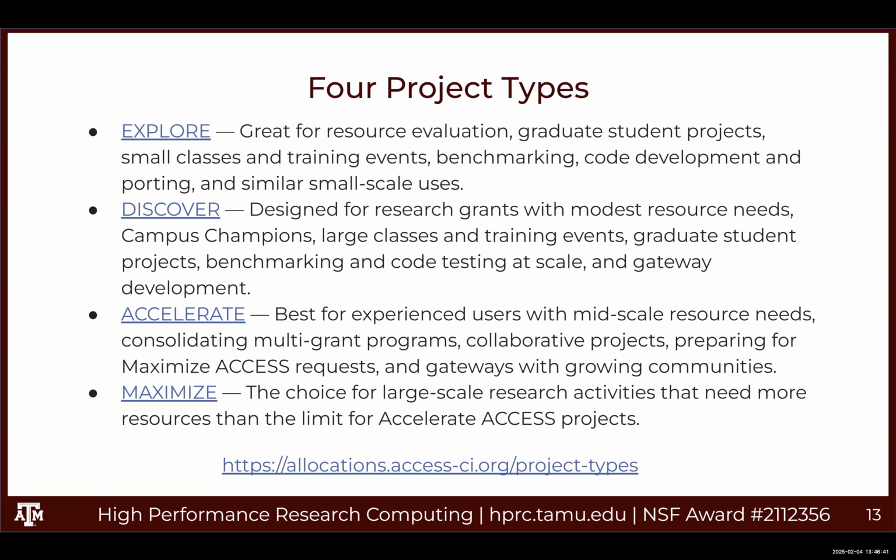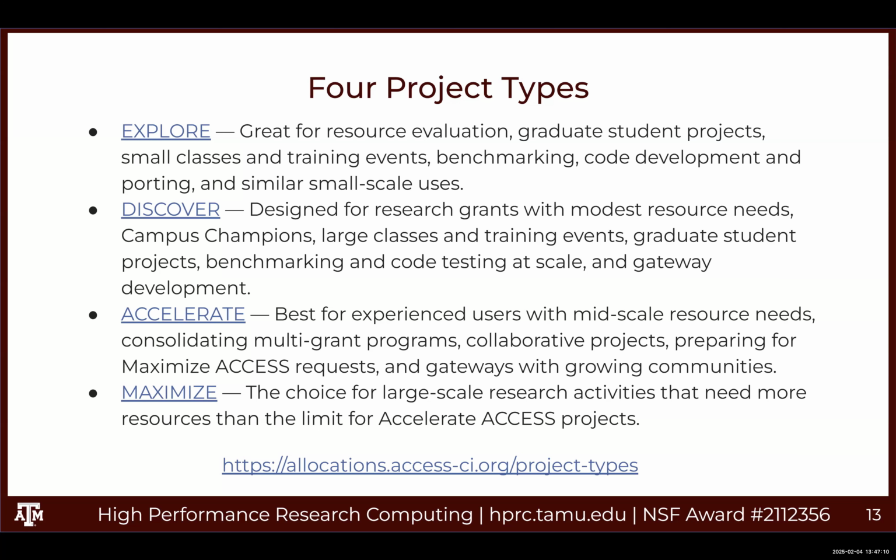Now, the next level is Accelerate. And this is for experienced users with mid-scale resource needs. You might have multi-grant programs, you're consolidating, you're doing collaboration. With collaborative projects, they don't have to be just within your university. So you may be working across universities and preparing maybe for a Maximize.